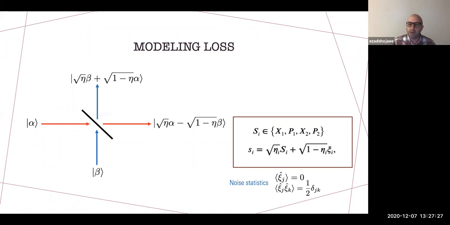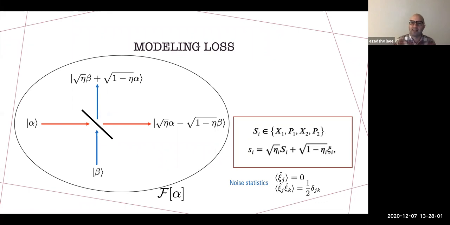And by going through simple math, you can show that the quadratures of your signal, x and p for each one of the drumheads, where alpha captures x and p for the first drumhead, evolve by this beam splitter model as follows, where these C operators are zero mean and variance half. They are basically Gaussian random variables. And let's call whatever happens to alpha here, calligraphic F.